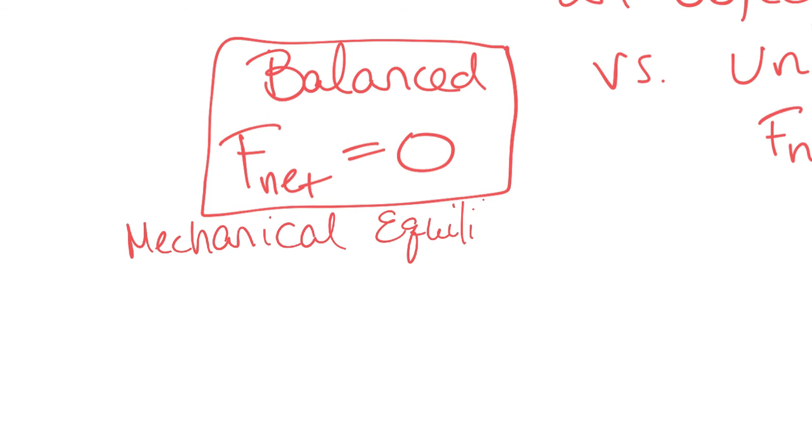Look at the word equilibrium. You see the word equal in it? Mostly the equal. So it's a mechanical equilibrium. Do you remember any of the situations we talked about right at the beginning of this unit? The no acceleration, no velocity.